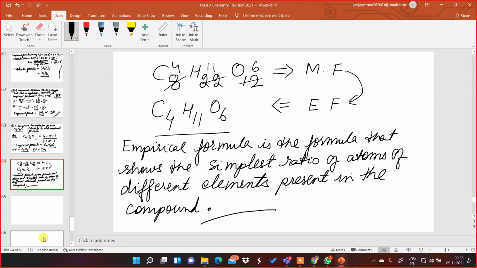Empirical formula is the formula that shows the simplest ratio of atoms of different elements present in the molecule of a compound. I hope that is clear to all of you. Let's move to the next question.